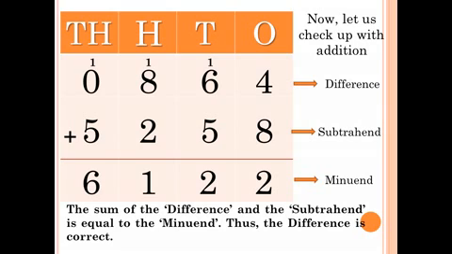The answer that we get is 6,122, which was our minuend. So the sum of the difference and the subtrahend is equal to the minuend, thus the difference is correct.